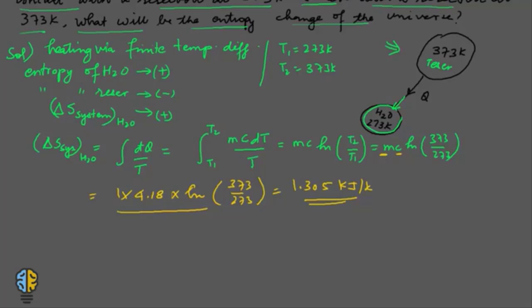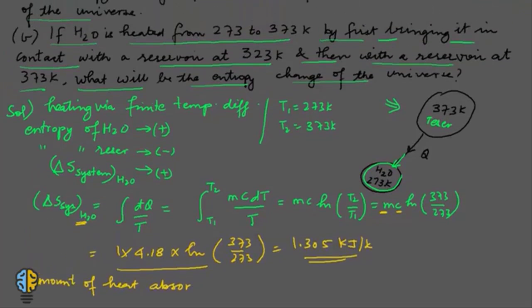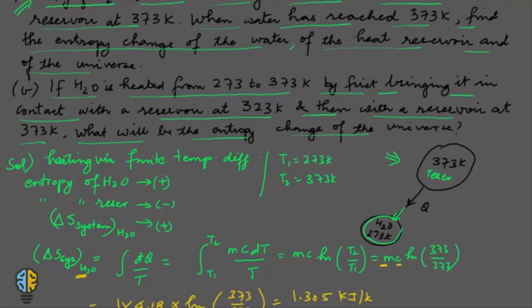Now the reservoir temperature remains constant irrespective of the amount of heat that is withdrawn from it, because it is of infinite heat capacity. So the amount of heat absorbed by the system from the reservoir, let's find that out. The system is always that of the water, so if you go back to the question for a moment, we have found out the entropy change of the water, that is of the system.